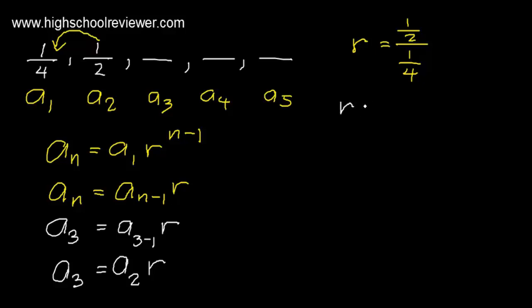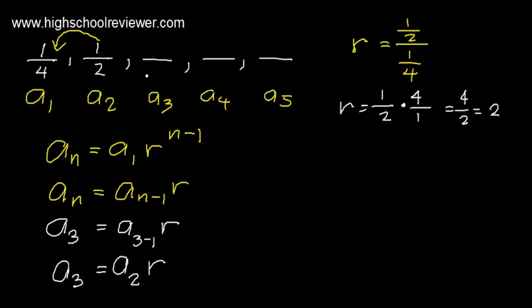Our r will be equal to our numerator, and if we divide fractions, we will multiply by the reciprocal. So we will have here 1 multiplied by 4 is 4, 2 multiplied by 1 is 2, and 4 divided by 2 is 2. So our r now is positive 2.